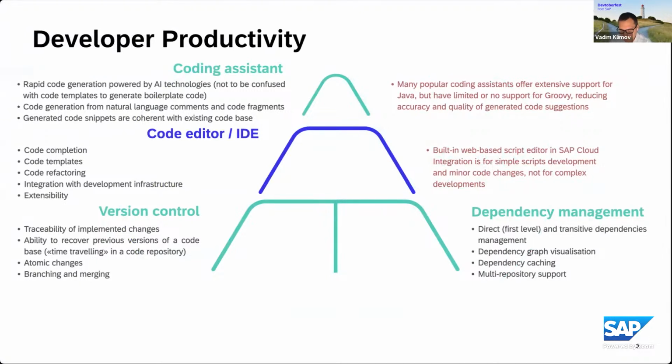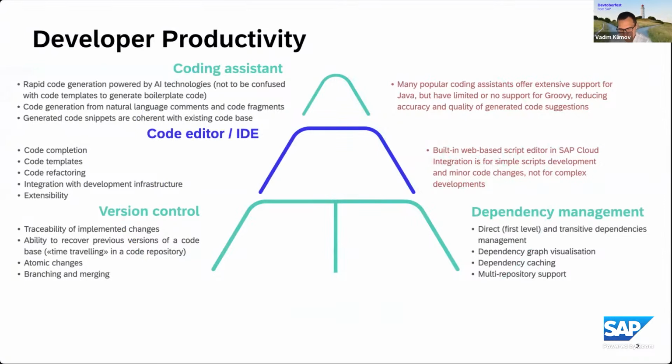For static code, we have code templates, which are a common feature of modern IDEs and code editors. But with AI-powered coding assistants, we can generate dynamic code snippets.